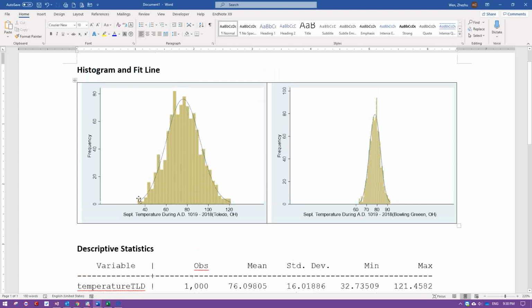Another piece of information you need to look for here is that the shape of the distribution roughly resembles this fit line. The fit line shows a perfect bell curve, a perfect normal curve. So the story here is that the Toledo weather distribution follows a bell curve.